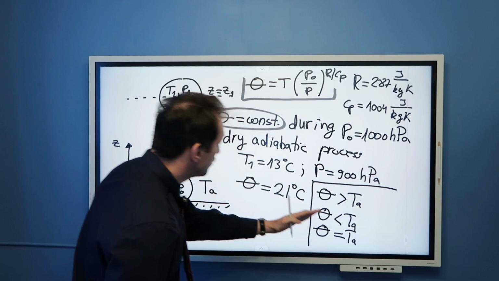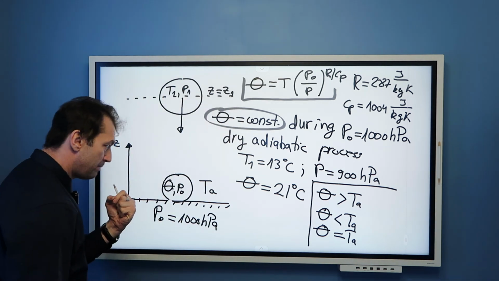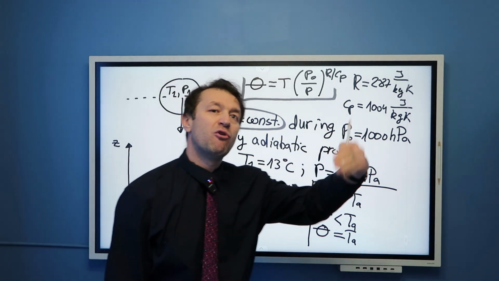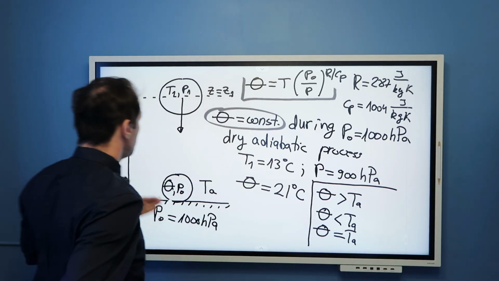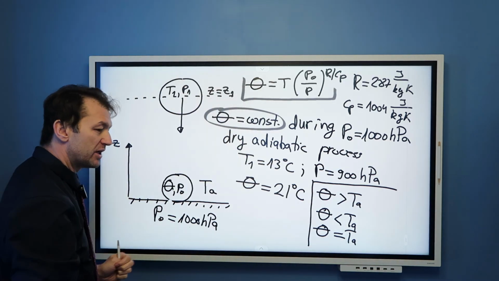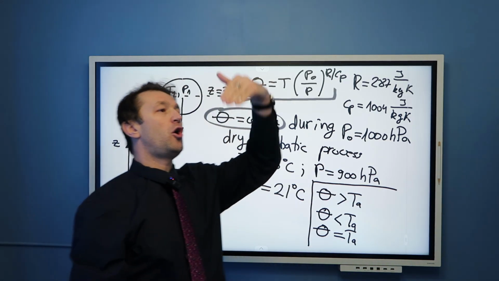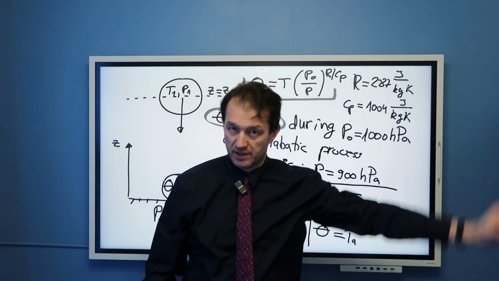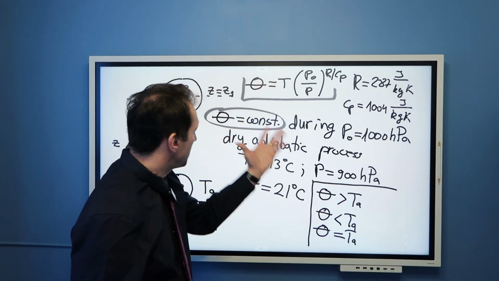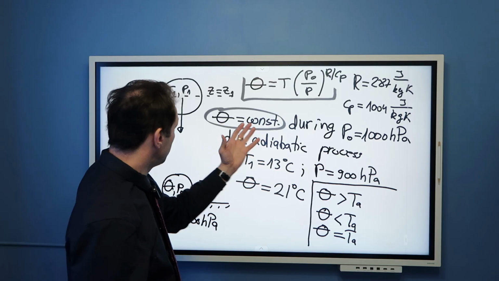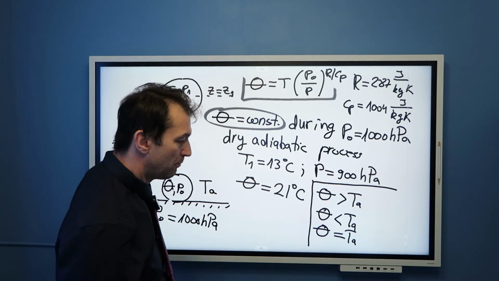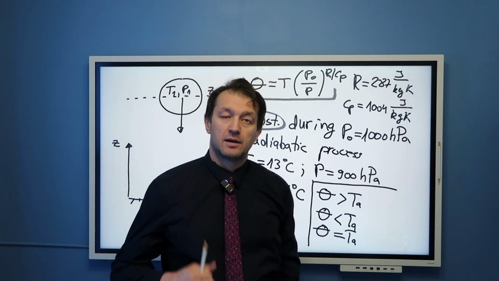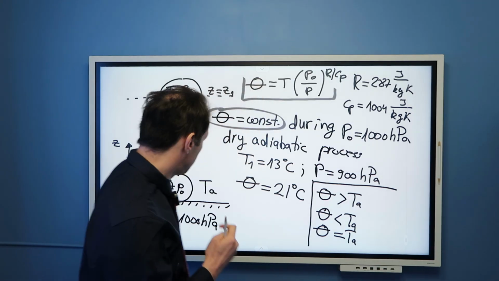So using the concept of potential temperature, we can study what would happen. And I told you when we have parcel theory, we always study what would happen. And potential temperature as a conserved quantity during these motions helps us to do that.